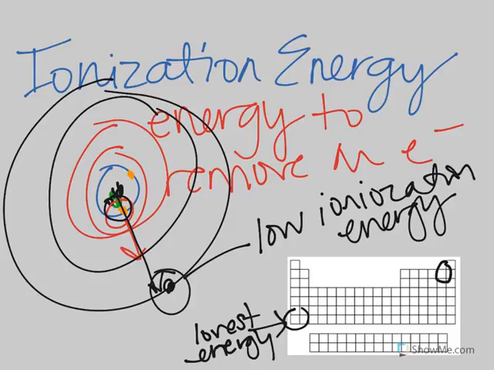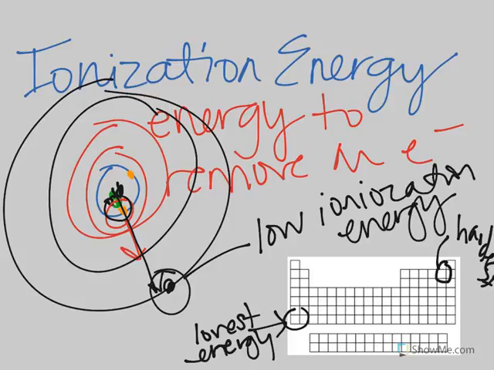The hardest to take away is your nonmetals, including fluorine, as they are very close to the nucleus and don't want their electrons to be taken.